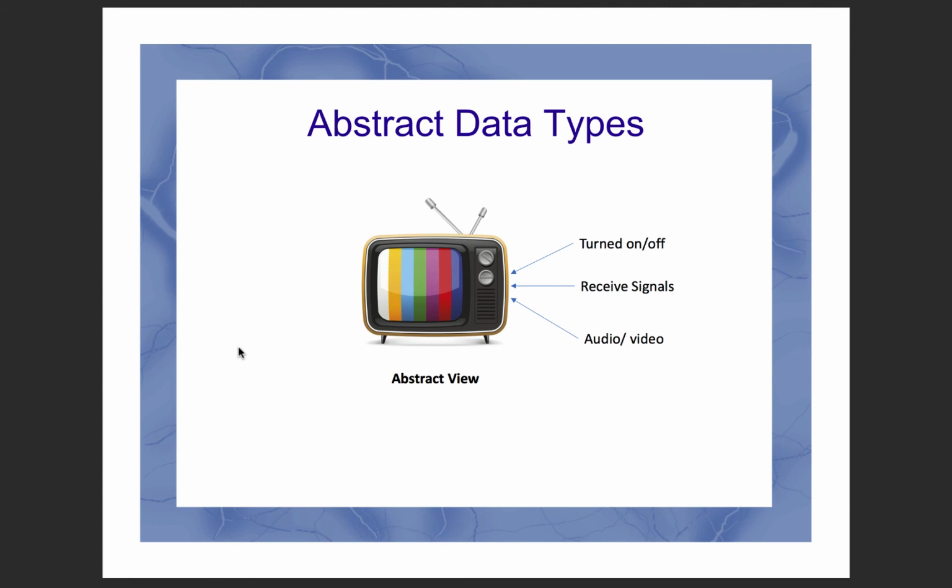So what is an abstract data type? An abstract data type is something where you have a data structure, you know how to use it, but you don't know what the implementation inside is. Compare it with a television, which we probably use in our daily life.